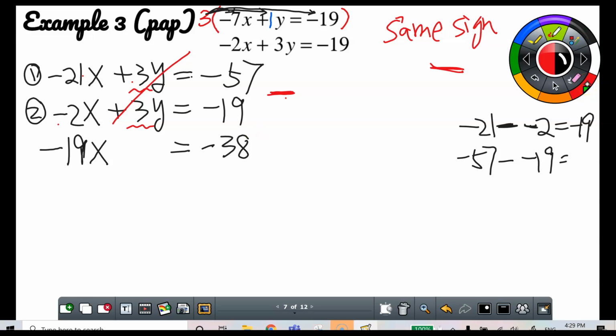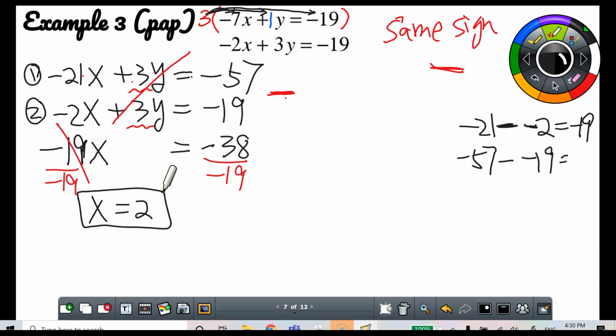And then keep solving it by getting rid of the negative 19 by dividing it. So we have x equals 2. Okay? When we get x, plug it into either of the equations. Let's use the second equation. Plug 2 in the place of x and calculate it.